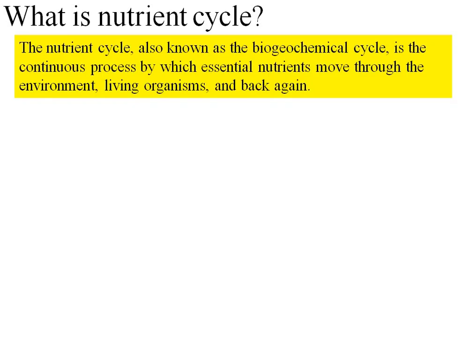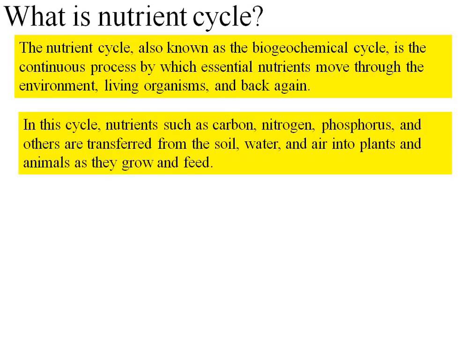Let me define nutrient cycle. Nutrient cycle, also known as the biogeochemical cycle, is the continuous process by which essential nutrients move through the environment, living organisms, and back again. In this cycle, nutrients such as carbon, nitrogen, phosphorus, and others are transferred from the soil, water, and air into plants and animals as they grow and feed.